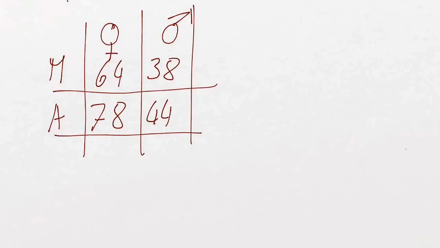Now again, we can do the margins. A total of 224. How many students did we have in the morning? We had 102 in the morning. How many do we have in the afternoon?